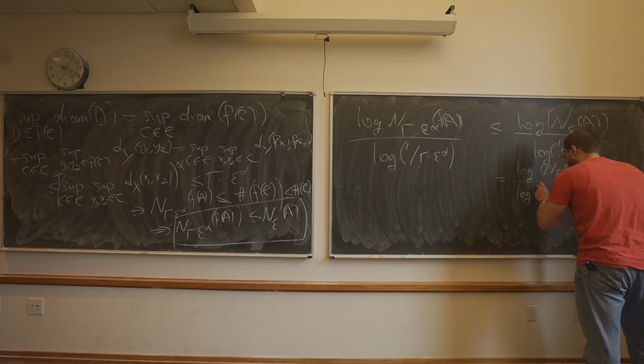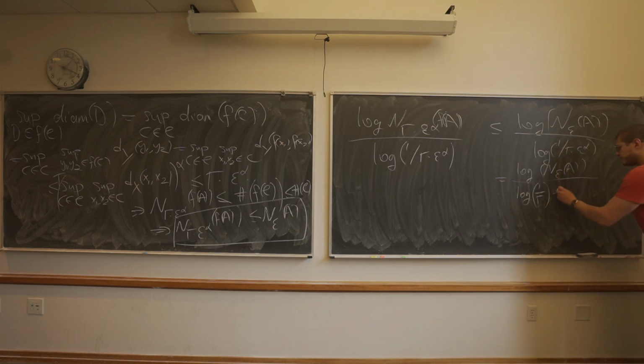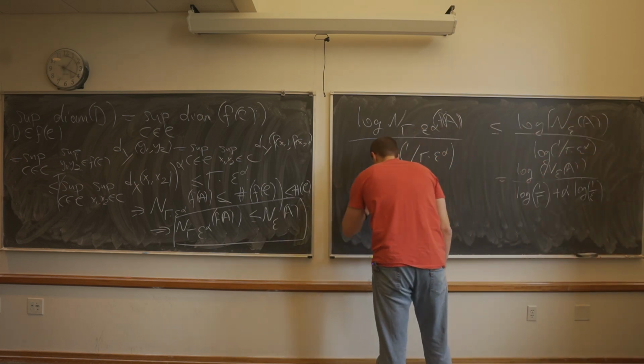Log of 1 over gamma plus alpha times log of 1 over epsilon. Okay, that's a constant, so it's not going to matter. And when I take the limit as epsilon goes to 0, I'm going to get Minkowski of a divided by alpha, which is the Hölder exponent. And here I'm going to get the Minkowski of f of a.